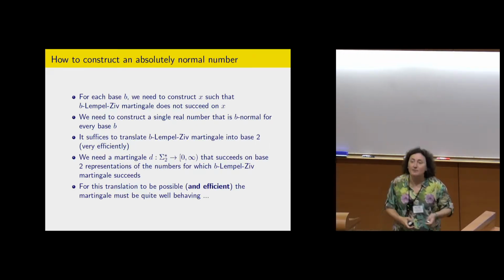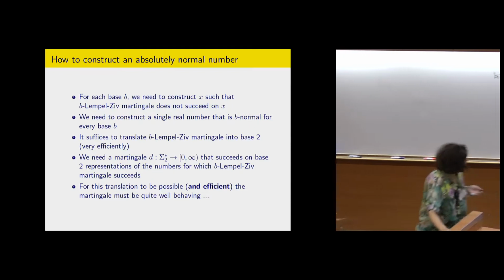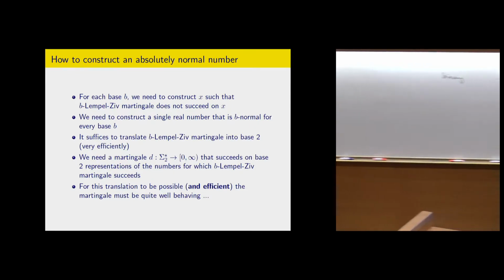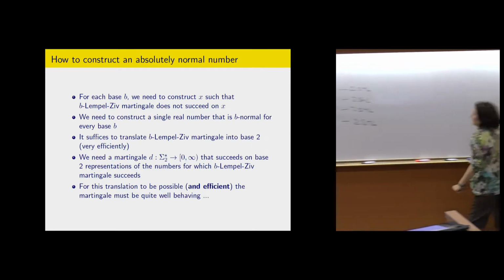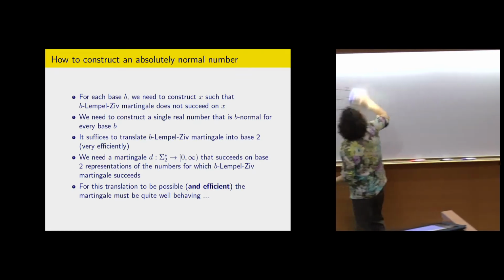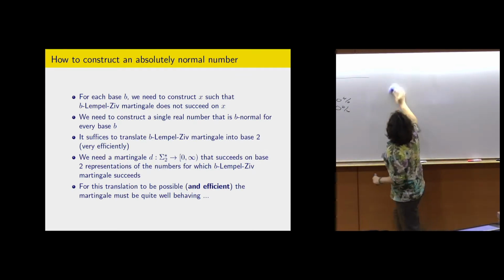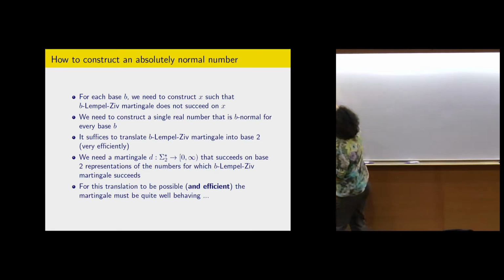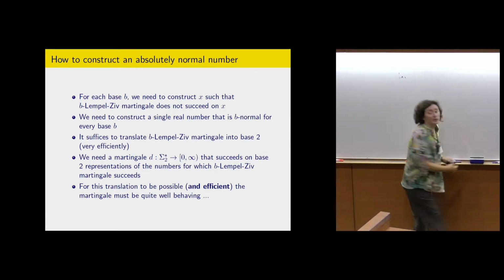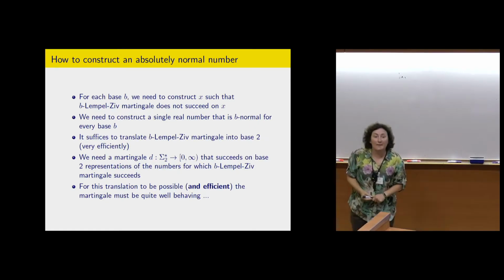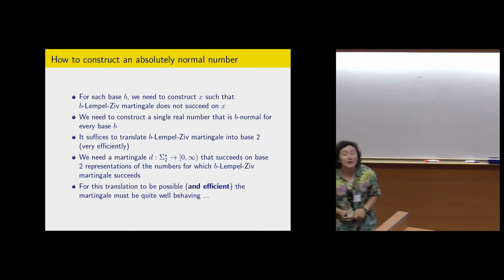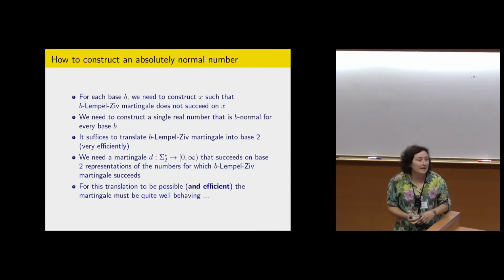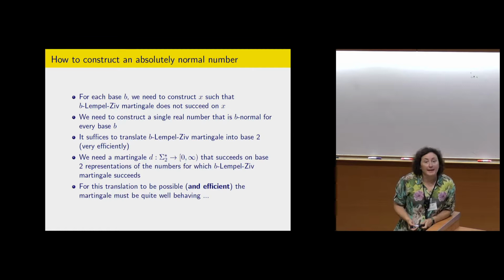How to construct an absolutely normal number? Well, the basic ideas used are not complicated. In fact, if I was just trying to compute a polynomial time computable absolutely normal number, I would end up in like a minute just explaining how to put together all the different bases.